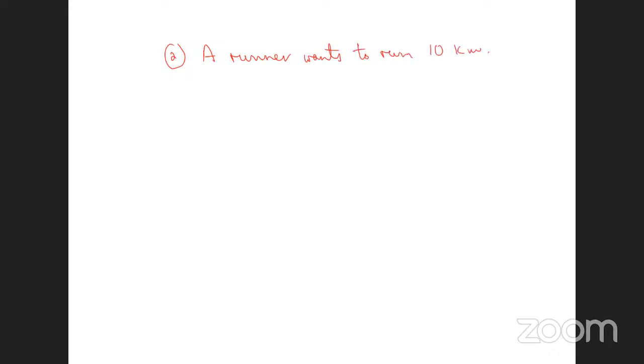The runner knows the pace at which he is running, his speed, we say, right? 7.5 miles per hour.